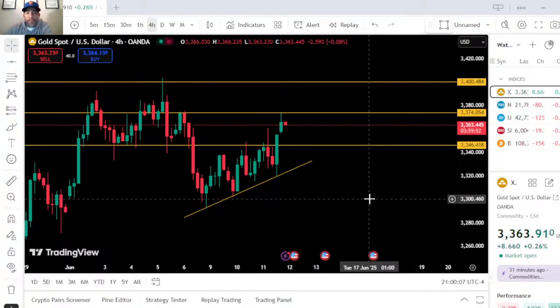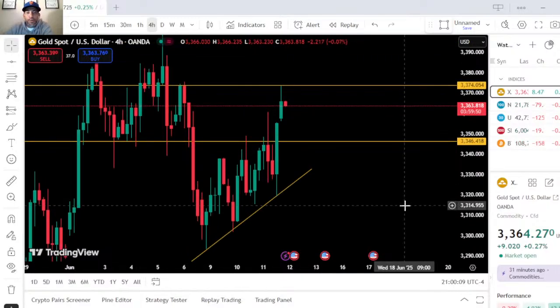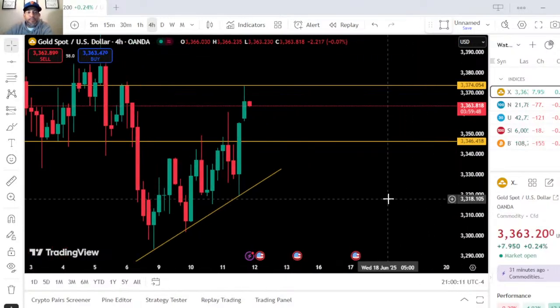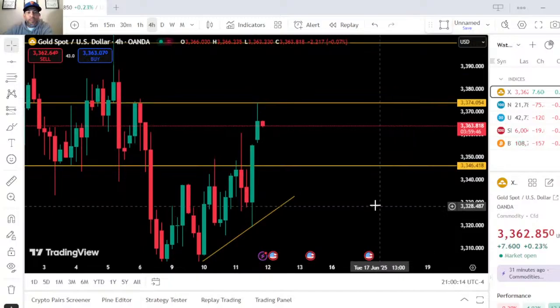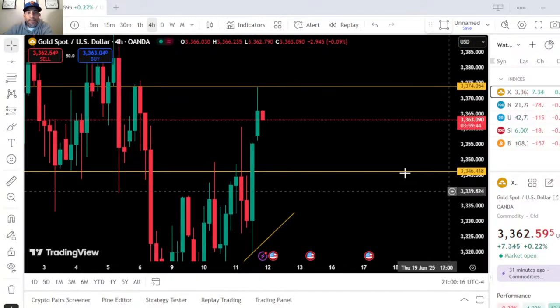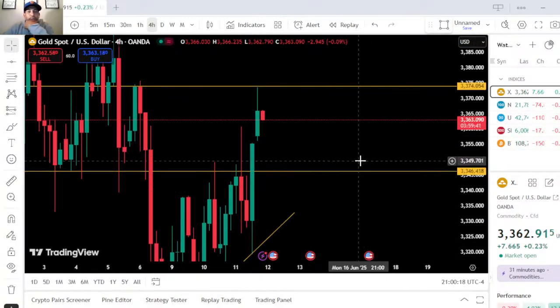All right, so we got a new candle. Oh, whoa, this is good right here. I like the fact that we open with no top wick here. Very nice here.